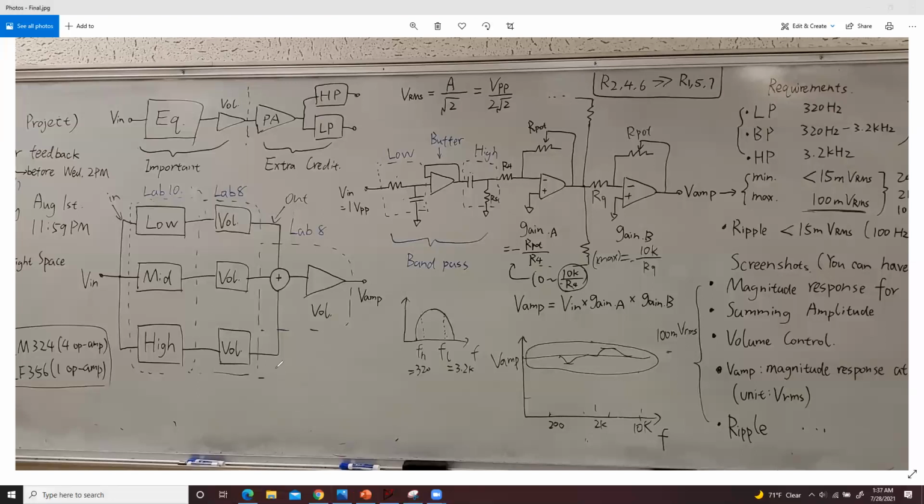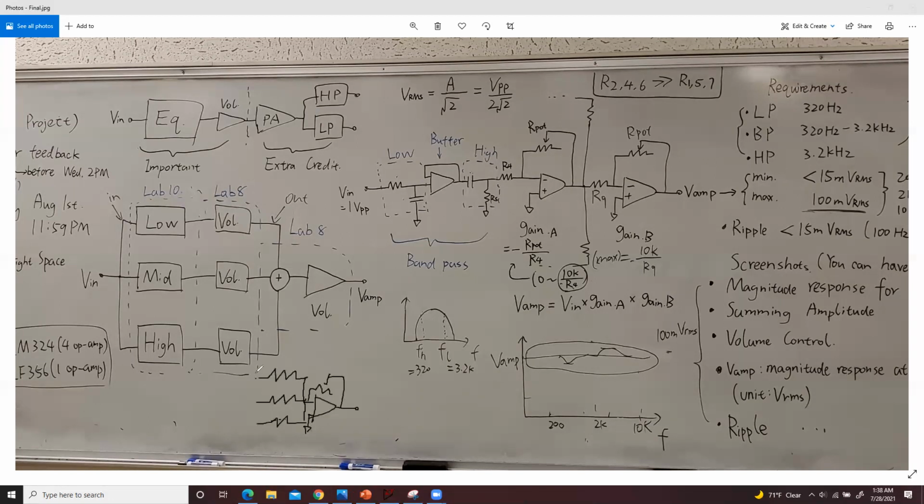The summing amplifier looks something like this. I think you have 3 paths. Sorry, my drawing on the computer does not look good.